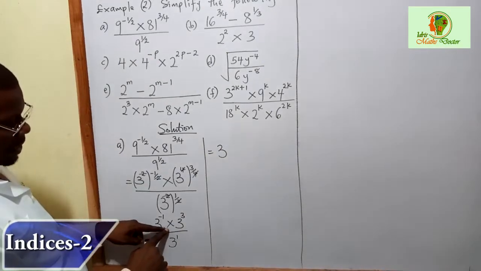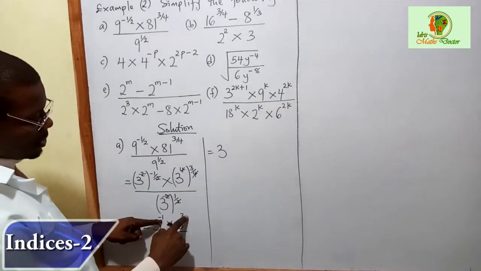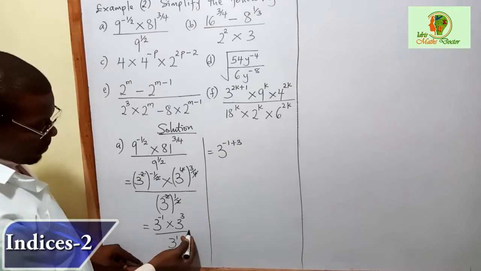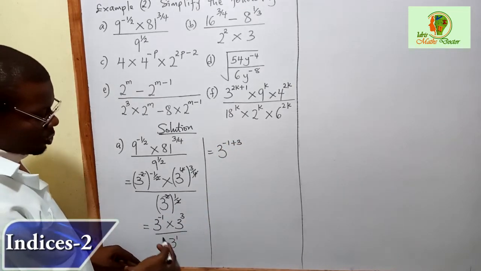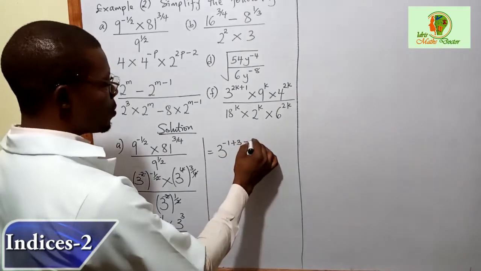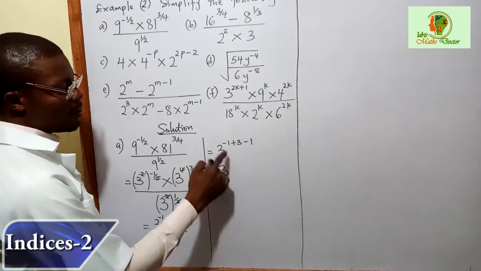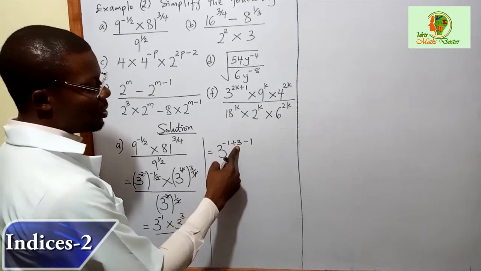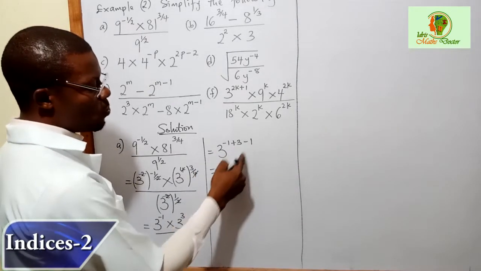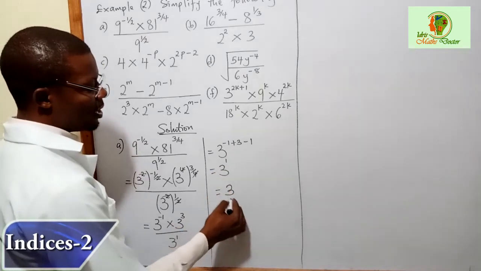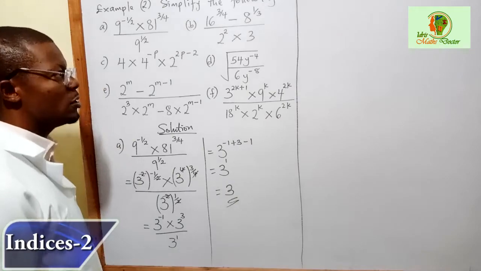The sign here is multiplication, so we are going to add this and this, that is minus 1 plus 3. And remember, this is the same as division, so we are going to subtract 1. Is that clear? So minus 1 plus 3 is 2, and 2 minus 1 will give us 1. 3 raised to power 1 is 3. So this is the answer to question A.